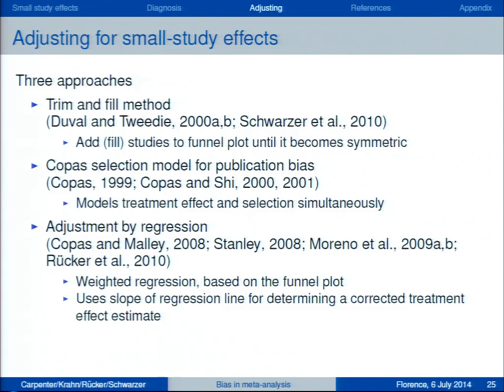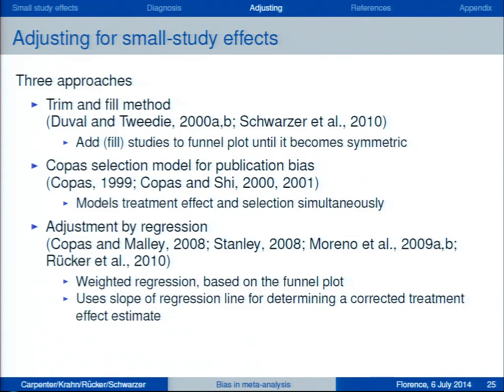So the last point for this session is adjusting for small study effects. There are 3 approaches I have mentioned: the trim and fill method. The idea here is to add the missing studies formally to the funnel plot until it becomes symmetric and then do the meta-analysis. The Copas selection model is the principled approach.